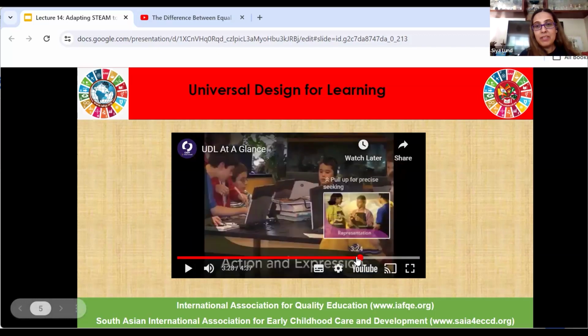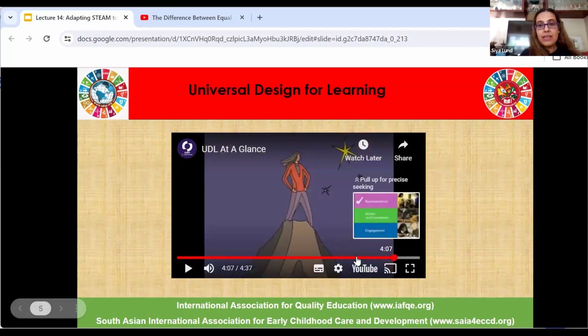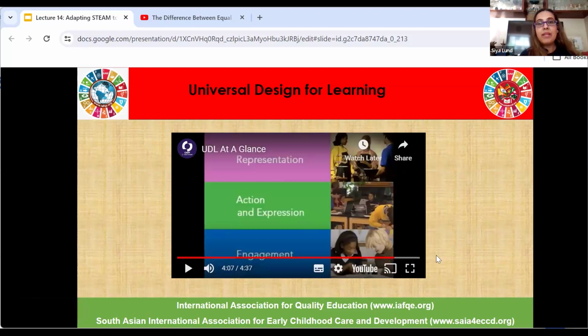And especially the last part, we can always note that it talks primarily about how we represent our information to the children, how we are teaching, what tools we are using, the method of teaching, and how we are allowing them to express themselves and what they know. So are we allowing them to express themselves enough?